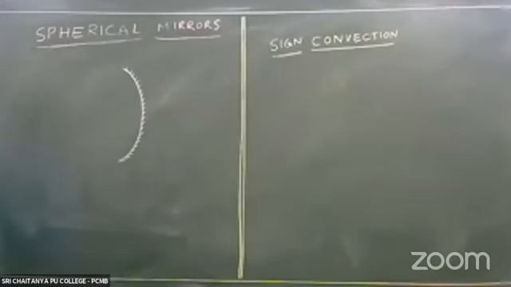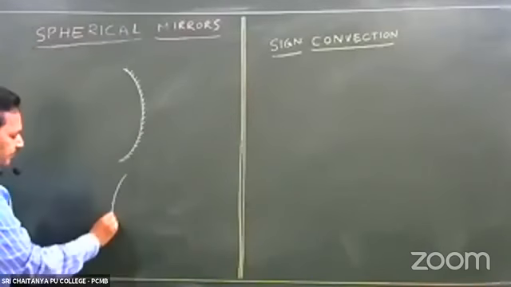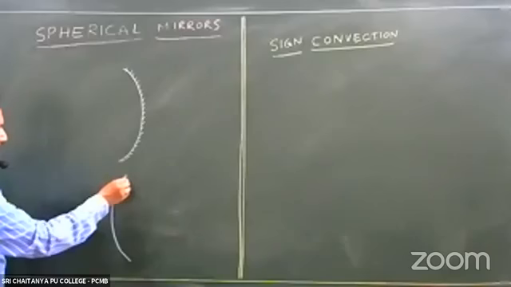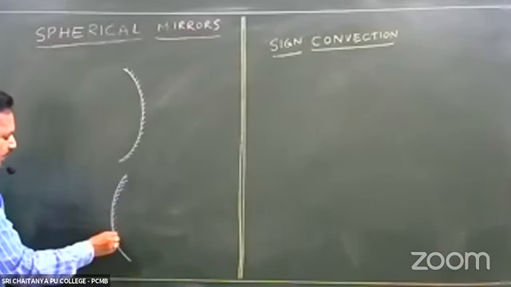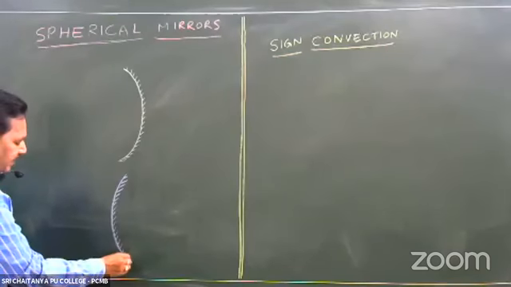This is concave. If we consider convex, the inner surface of the mirror is polished, the outer surface is the reflecting surface.